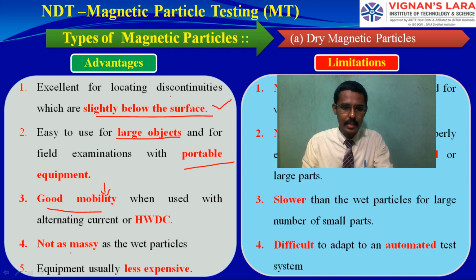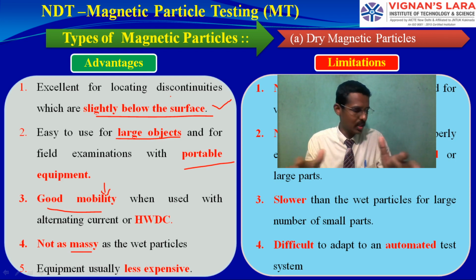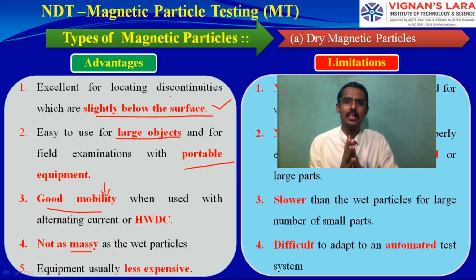It is not as messy as wet particles. You see, in wet particles, usually we are using water as a liquid and we sprinkle it over the samples, and those entire areas will be messy, dirtiness will happen. Liquid will spray over there and it is a lot of trouble to clean again.